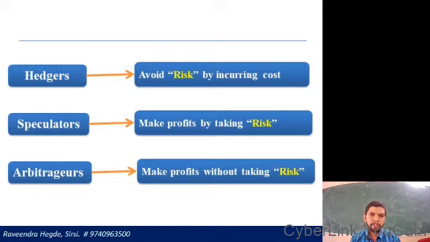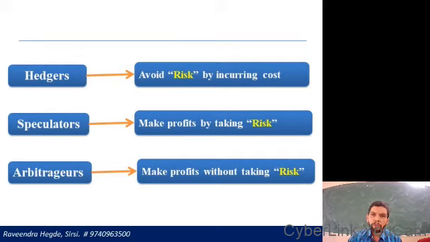See, in the previous example, just what we have discussed, you are the hedgers and bank is a speculator, and arbitrageurs are the parties who make profits without taking a risk.